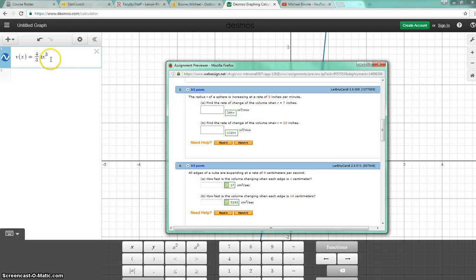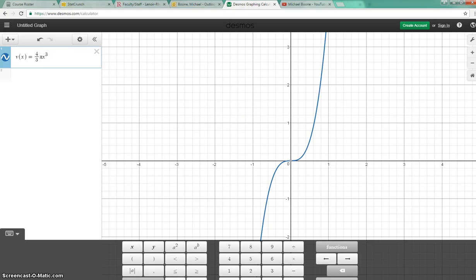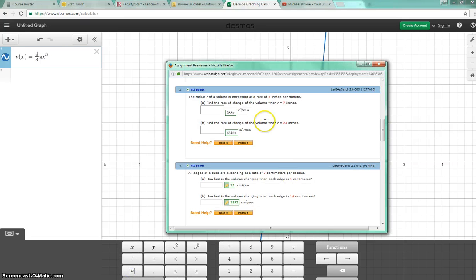So I'm going to have supplements to the 2 word problems I'm doing, but we have to have that equation, the volume of a sphere, right? Here they are giving us a rate of change. They did not give me the volume, they gave me the rate of change of the volume. Oh no, we're finding the rate of change of the volume when the radius is 7.